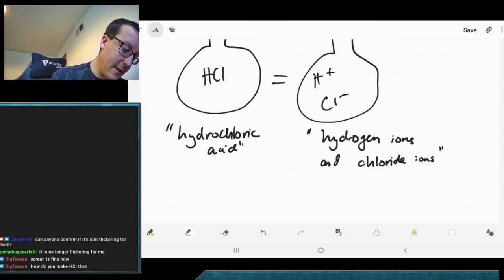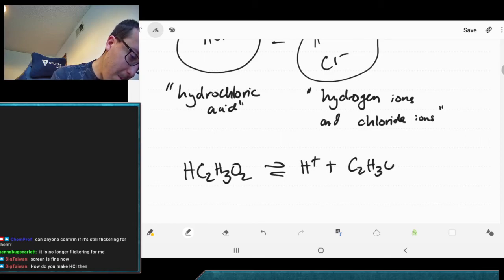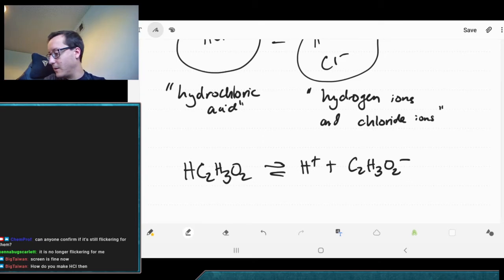We're going to see, though, with weak stuff, when this breaks up, it can definitely go backwards. And remember, we saw this when we talked about electrolytes. We saw that acetic acid was a weak electrolyte. It does not really conduct electricity.